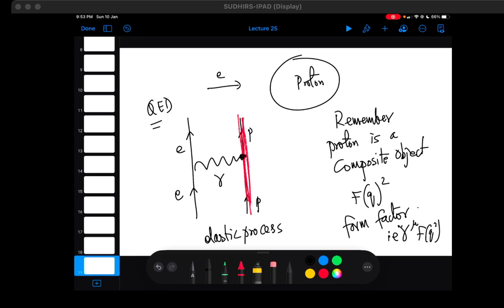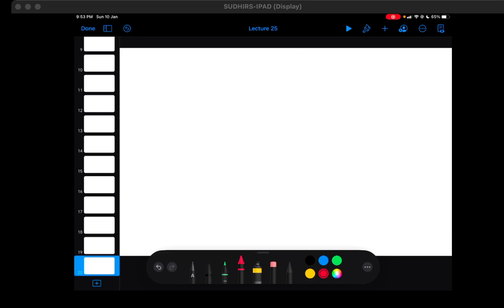Now suppose you start increasing the energy. At some point, when the energy is very high, the photon starts seeing the internal workings of the proton. But if you really have very high energies, the proton gets disintegrated.